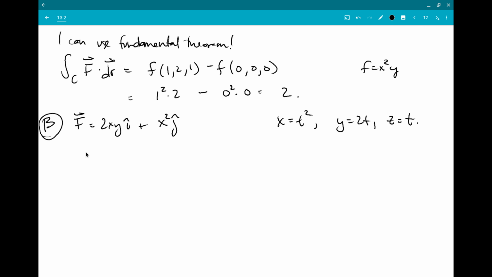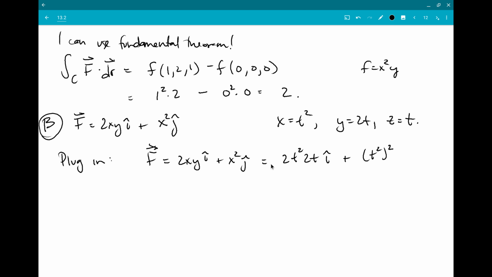All right, so I can go ahead and plug in that f equal to 2xy i hat plus x squared j hat should actually be equal to 2 times t squared for x times 2t for y i hat plus t squared squared for x squared j hat.